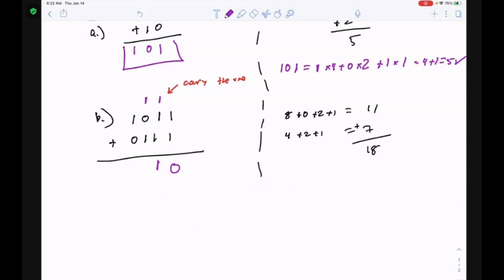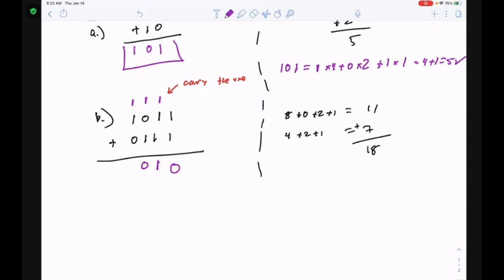Plus 1 is? It's the same thing as 1 plus 1. 10. So 0, carry the 1.